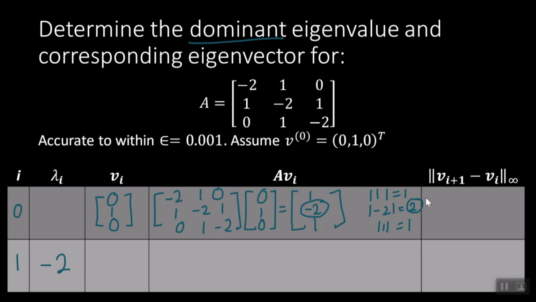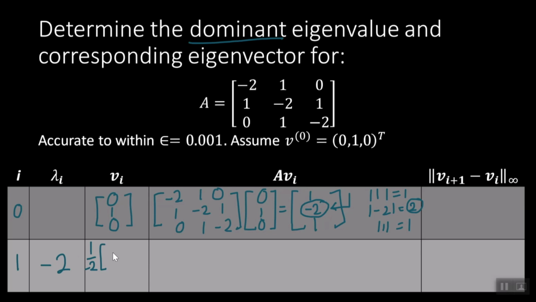Okay, so I would repeat. The highest magnitude for this vector is 2, and we would take the entry with the highest magnitude, which is -2. So our new V, or V1, would be 1 over -2 multiplied by AV.